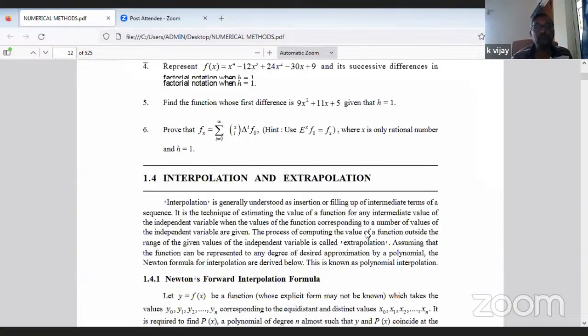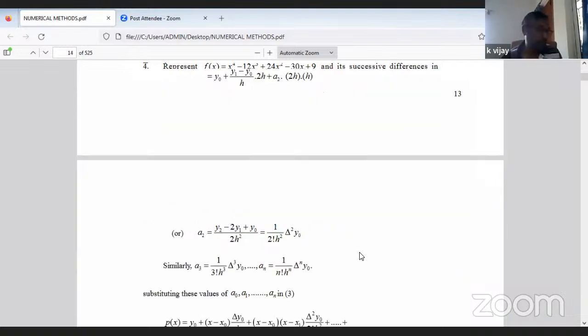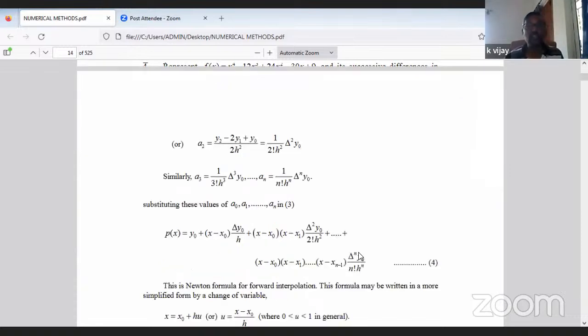So y1 minus y0 means del y by h. Another formula: x is equal to x2, a0 plus a1 (x2 minus x0) plus a2 (x2 minus x0)(x2 minus x1). So with these values, y0, (y1 minus y0) by h, and 2h by 2h by h, we are substituting these conditions here.